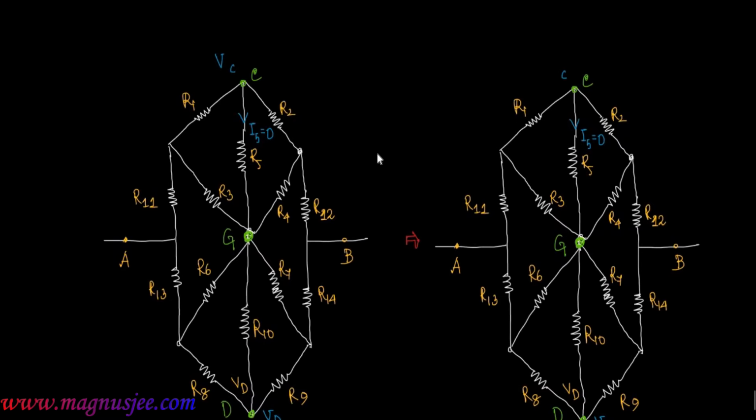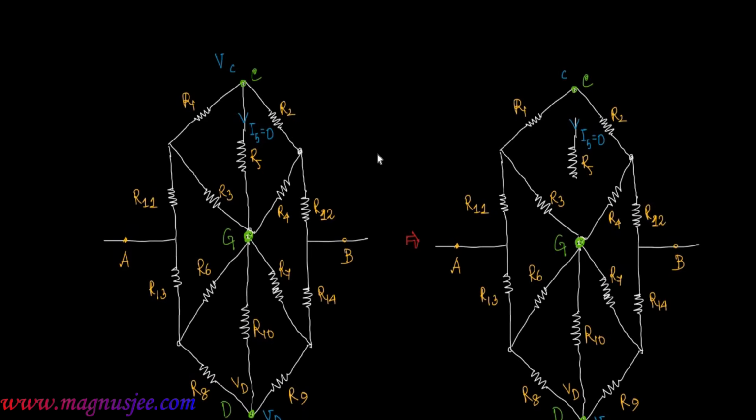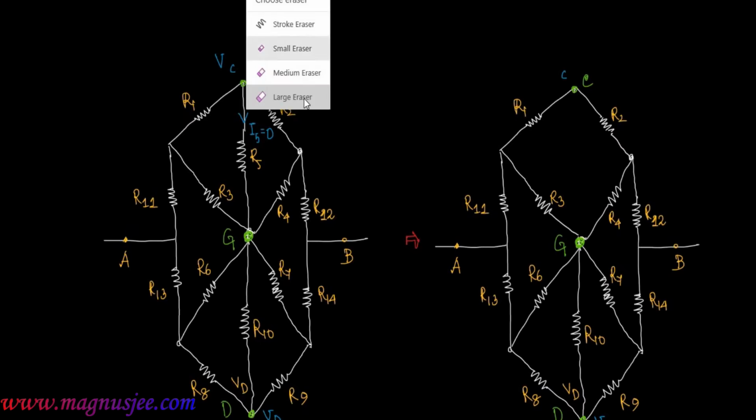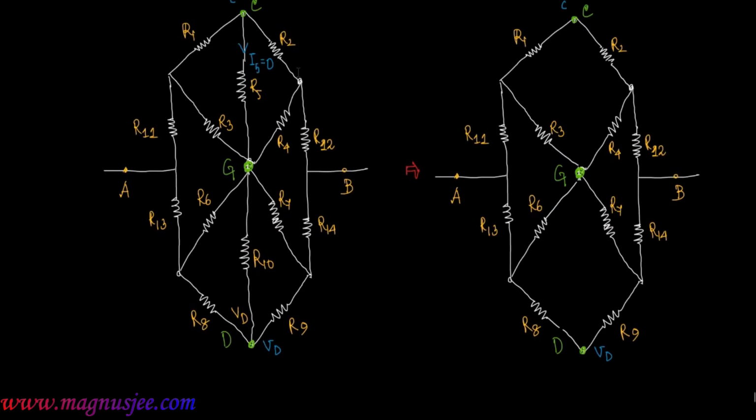Now, in what way can the branch CD be removed or neglected from the network? The resistors R5 and R10 will be removed from the branch, or from the points C, G and D. R5 and R10 are removed from the circuit in this way.